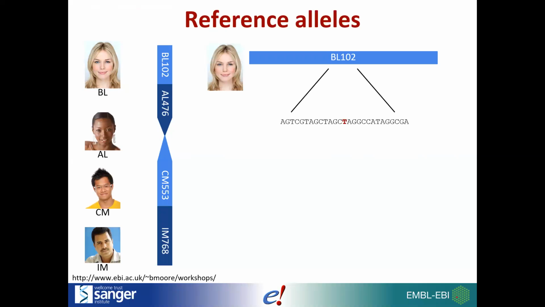Okay, the reference allele is a bit complicated. The reference genome, as said, is not the genome of any individual person, and it does not consist of the most common variants. So for instance, in this position we have a T, and even if it's a minority allele with only 5% of the people having it, because it was in the original sequencing data, it has been frozen to represent the reference sequence for that particular position.